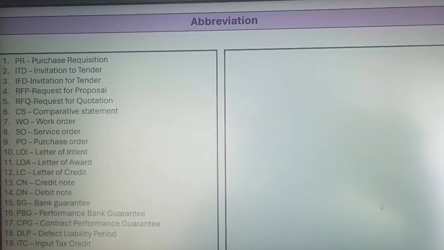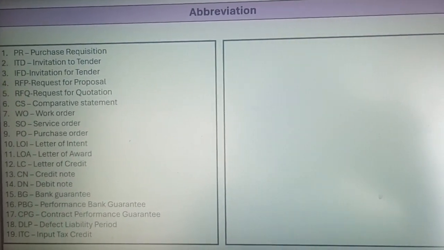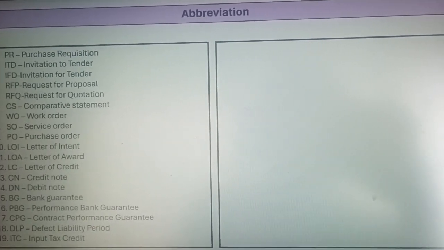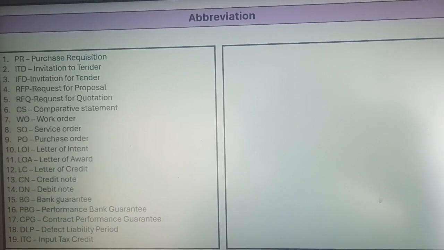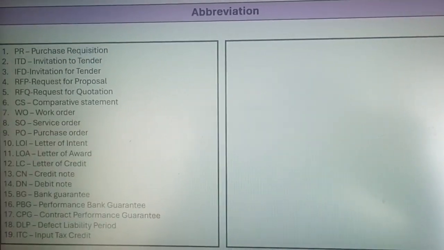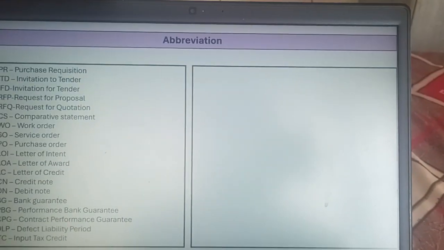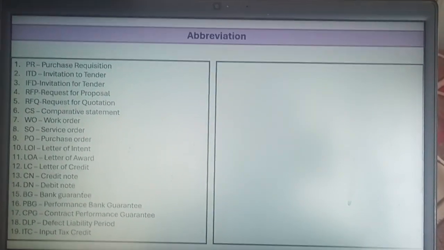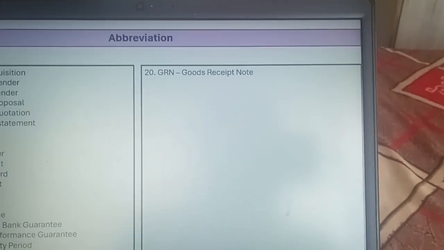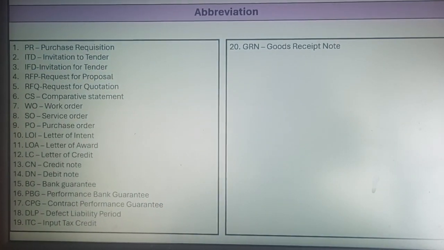Then input tax credit. What is the meaning of input tax credit? When the buyer can get a benefit on the tax paid to the contractor, it is called input tax credit. Now we will move ahead towards the GRN. It means goods receipt note.